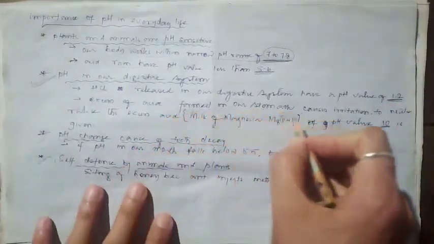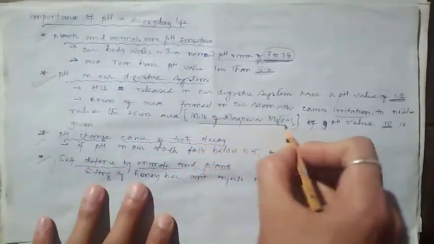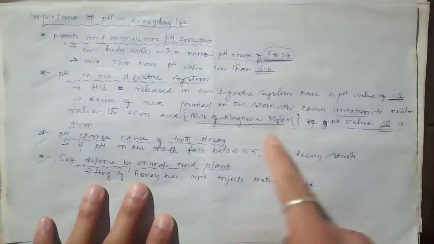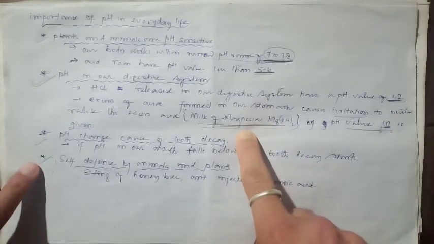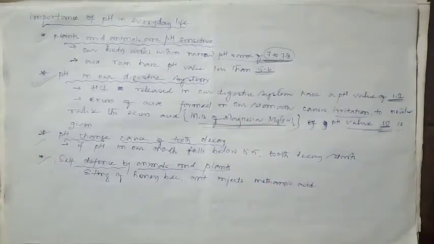Excess of acid formed in our stomach causes irritation. To neutralize the excess acid, milk of magnesia, magnesium hydroxide of pH value 10, is given. Now students, milk of magnesia is a mild base, with a pH value of 10. So if you suffer from excess acid in your stomach, milk of magnesia, a mild base, is given.